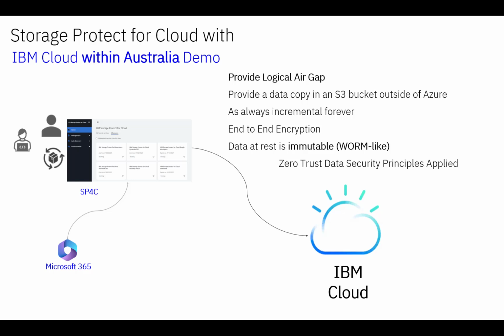It's encrypted end-to-end, and we could also apply data at rest and make it immutable, or WORM-like. Now, when we do this, we apply zero trust data security principles, and this means we are working to ensure that no single application has access to all of the data, and only when two applications are in sync can the data be modified, changed, or deleted.